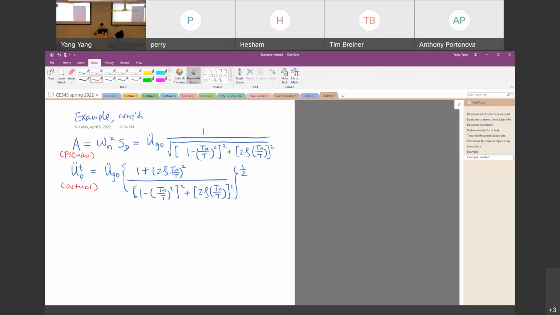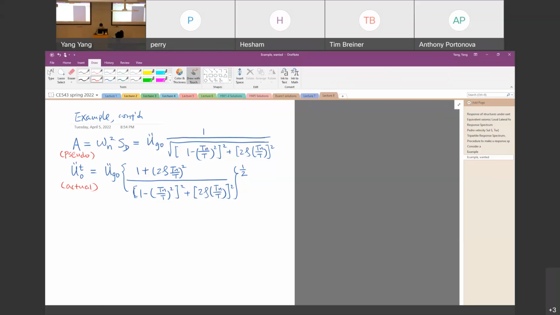Are the pseudo acceleration and actual acceleration amplitude identical here? They are not. Yeah, they are not identical.